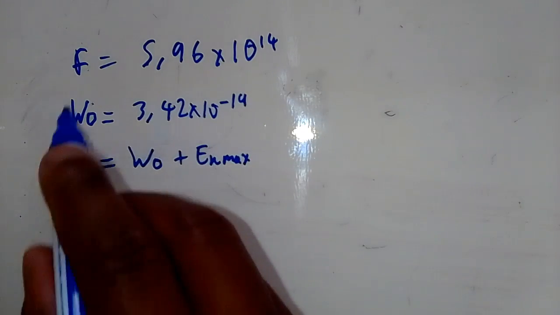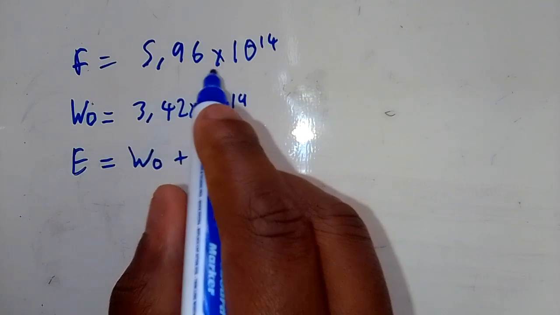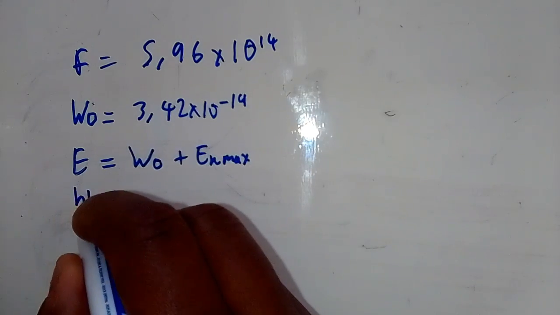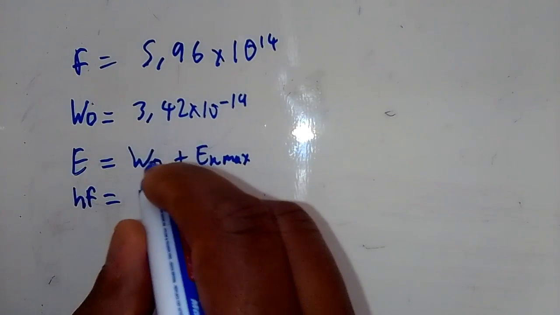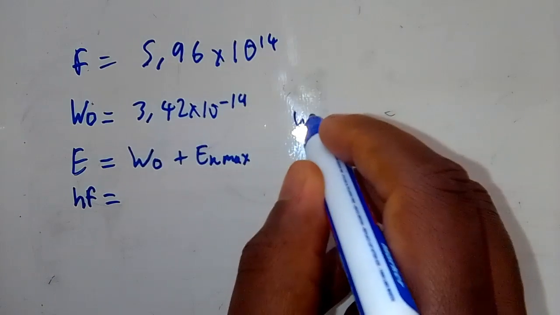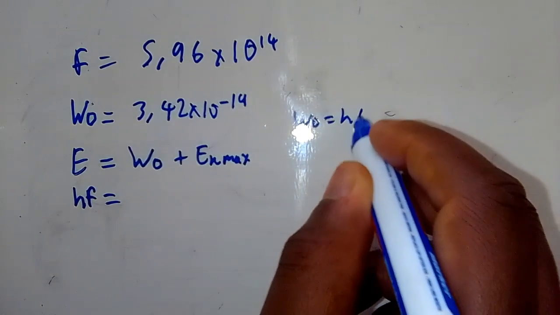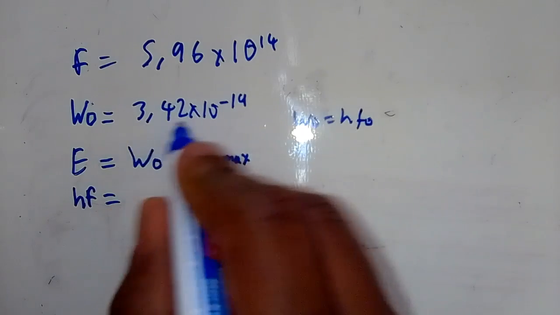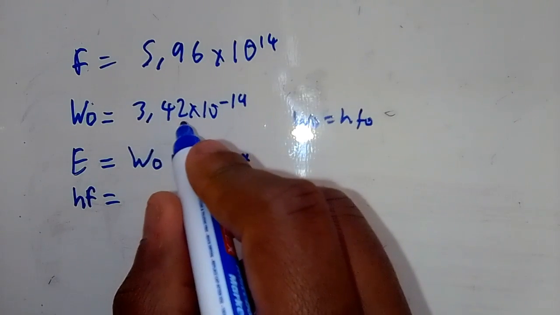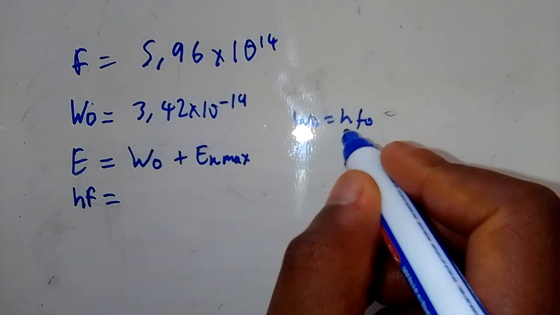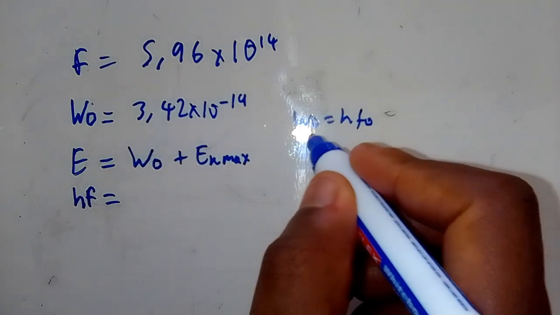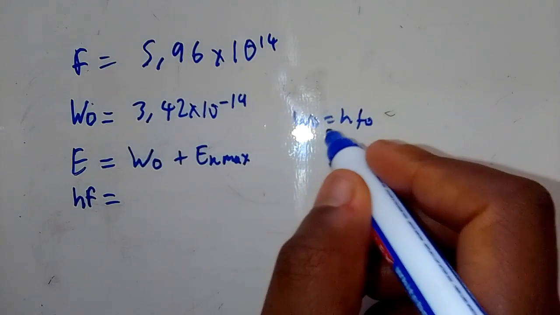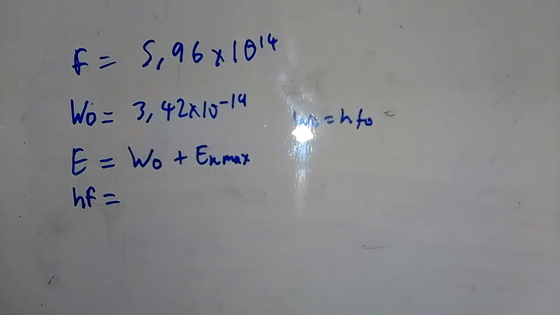We have got the frequency of the light, so we can get the energy of the light by saying hf, right? And I'm not going to change this work function into hf0, because we are given the work function. If we're given the threshold frequency, then we would need to change it to hf0 so that we can get the work function.